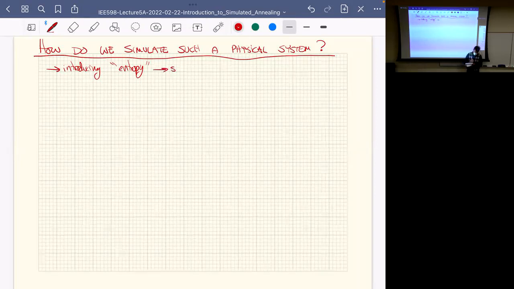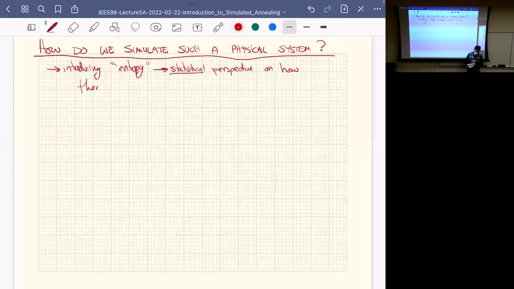So this is a purely statistical perspective on how thermally agitated systems evolve over time.